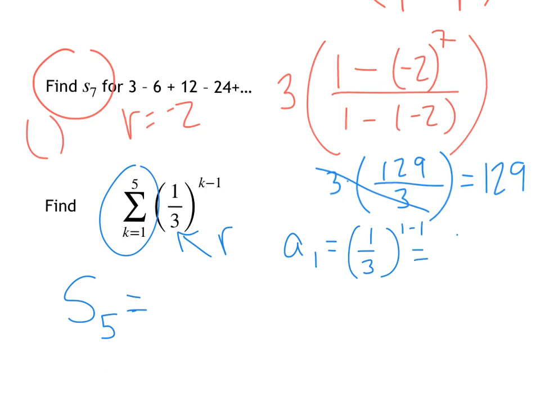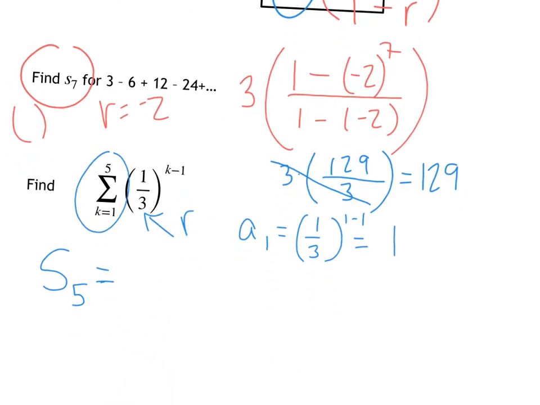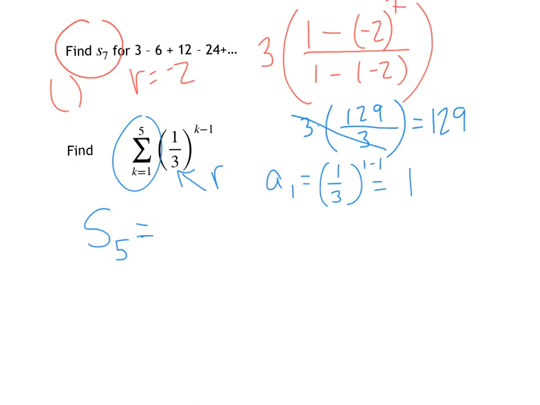So 1/3 to the 0 is 1. In order to find the sum, I got to find A sub 1, got to find r and n. So in this problem, I found r, I found A sub 1, and my n is 5.